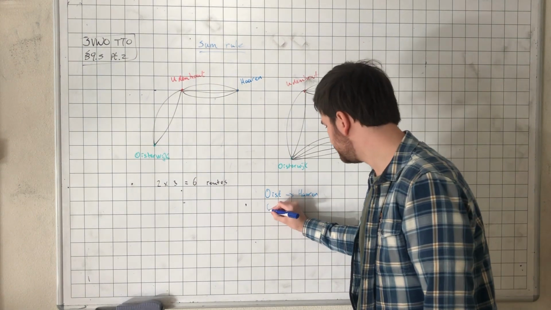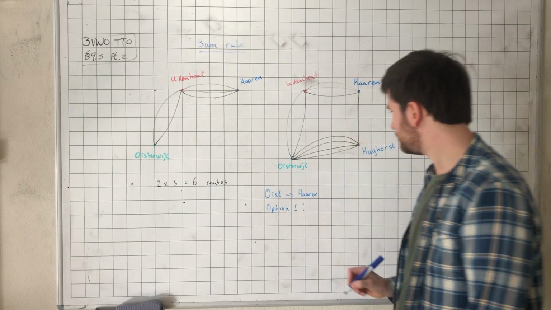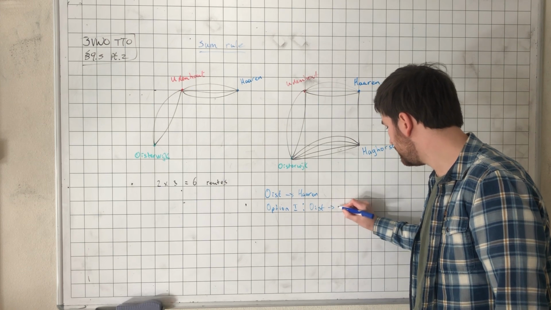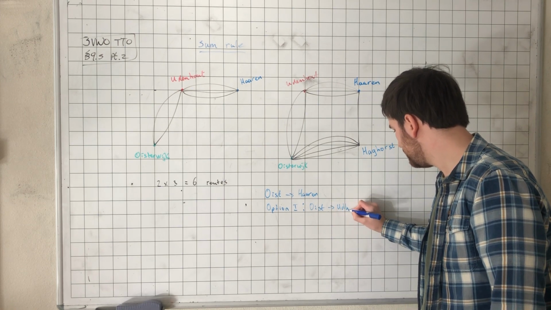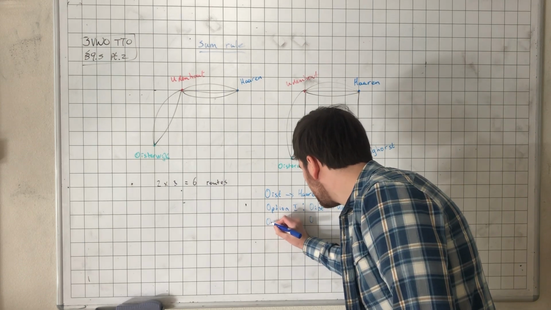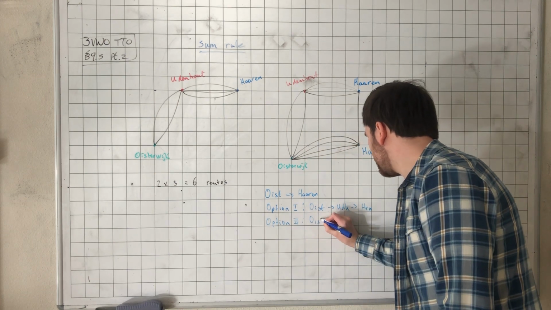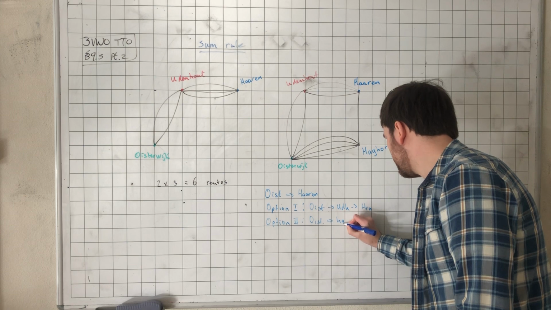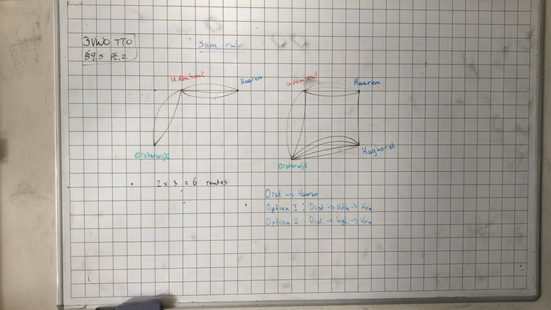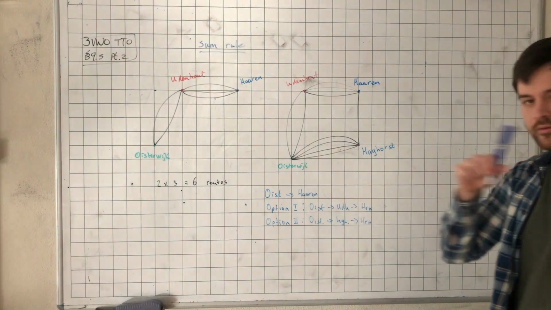Option 1 is from Oostenrijk to Udenhout to Haven. And the other one, option 2, of course, is from Oostenrijk to Haghorst to Haven. This first option is basically the problem we faced in the previous example.